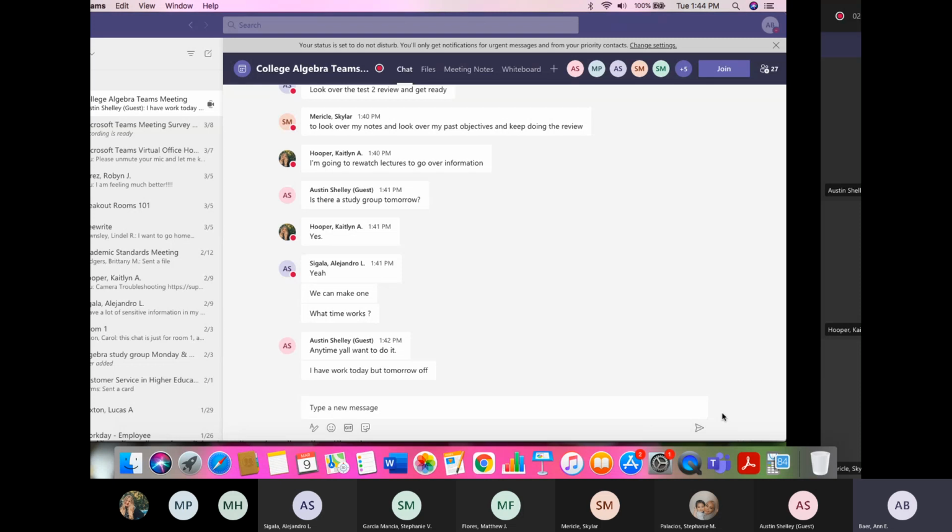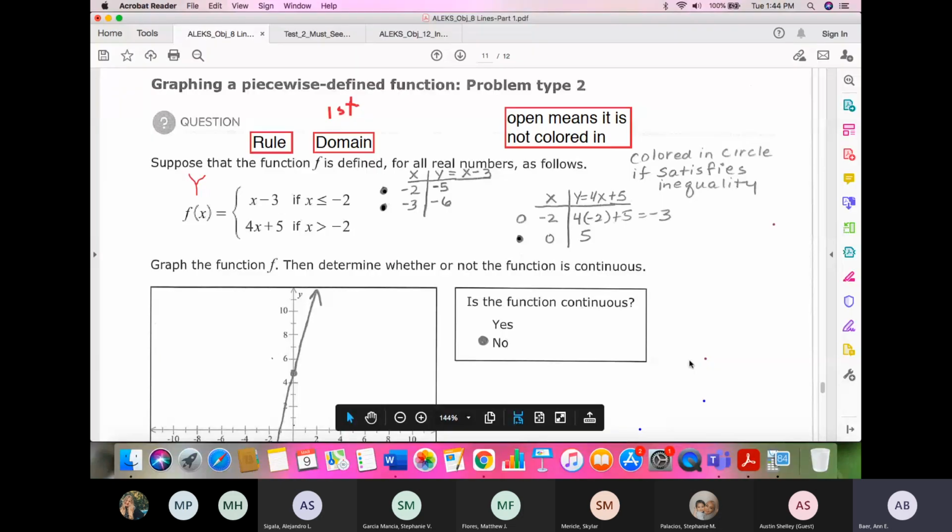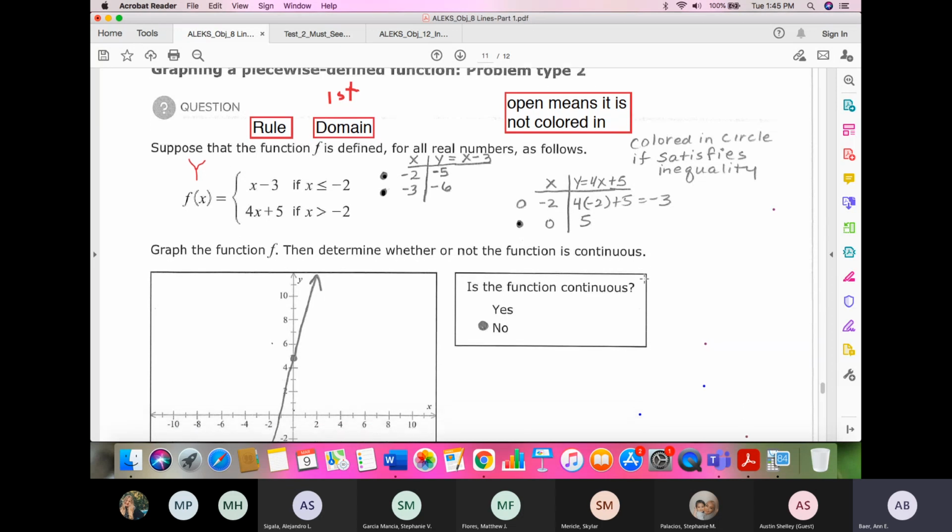Let me just check on something here. Yeah, good. For a moment there, I thought I didn't have the recording on. So this is what's given to you, along with the directions: suppose that the function f is defined for all real numbers as follows. Graph the function f, then determine whether or not the function is continuous.